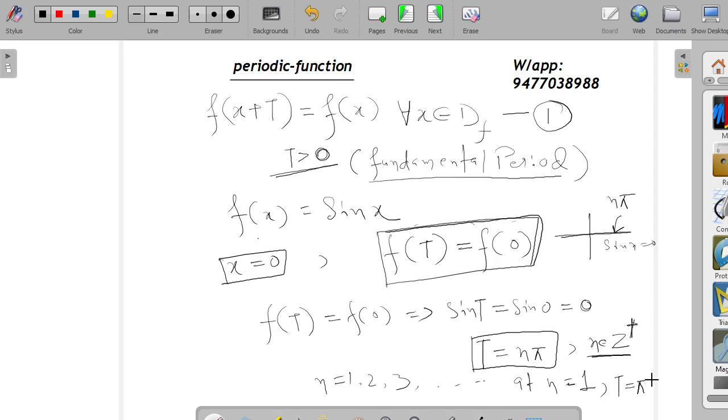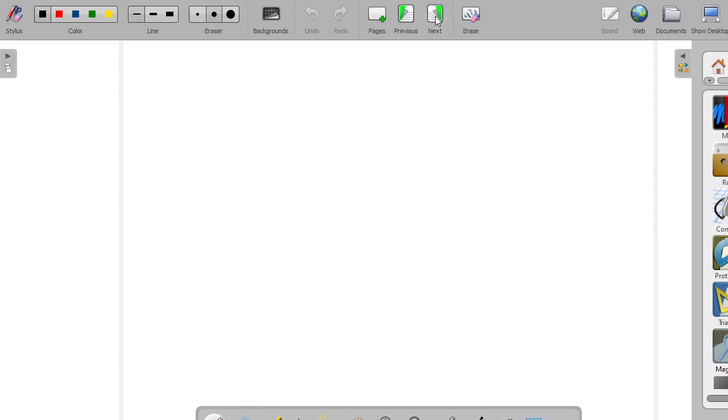So first we place a check for n equals 1. f of x plus pi equals sine of x plus pi, and this gives us minus sin x.